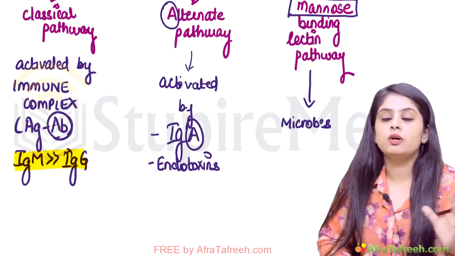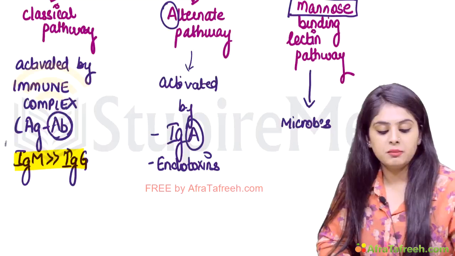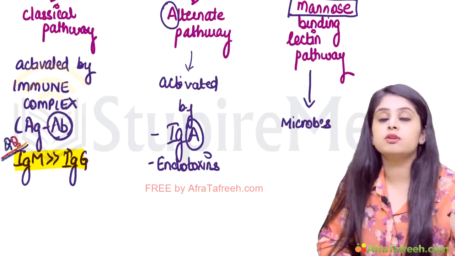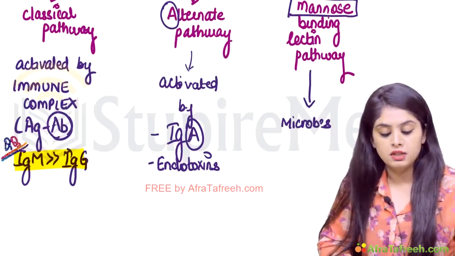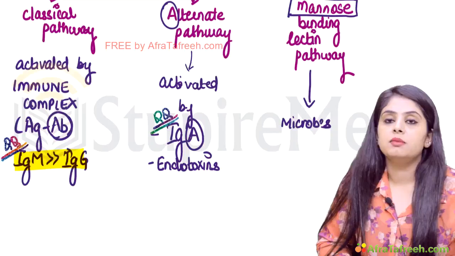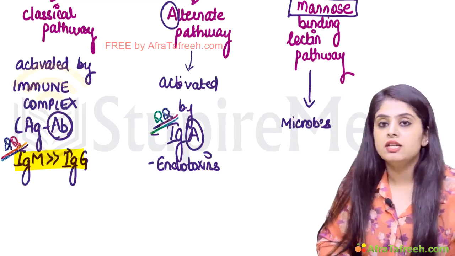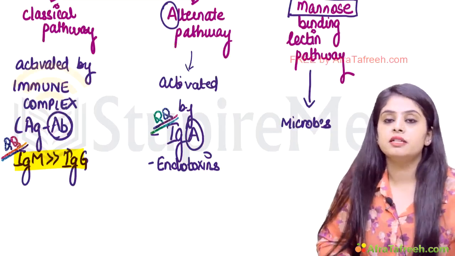You know how each one of them is activated. The question that has been asked: classical pathway is activated maximally because of which immunoglobulin? Remember, IgM is more common. Alternate pathway is activated by which immunoglobulin? Remember, IgA, A for IgA, A for alternate. Mannose binding lectin is self-explanatory, mannose in the microbes.